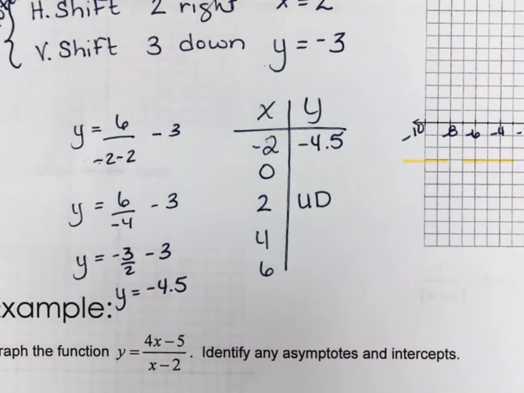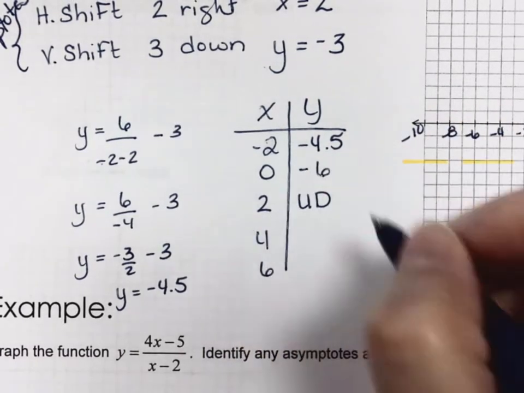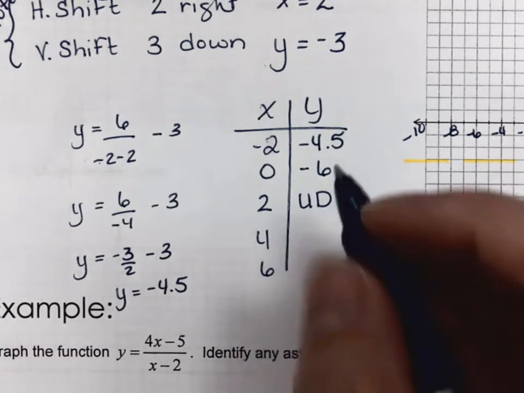Okay, can you do 0? Okay, what's 0? Hopefully it's just negative 6. Okay, so if I substitute positive 4 in there, it should be 0.